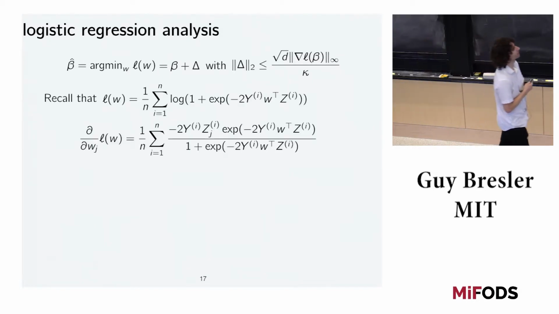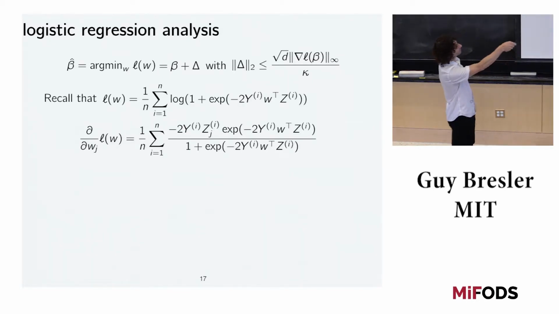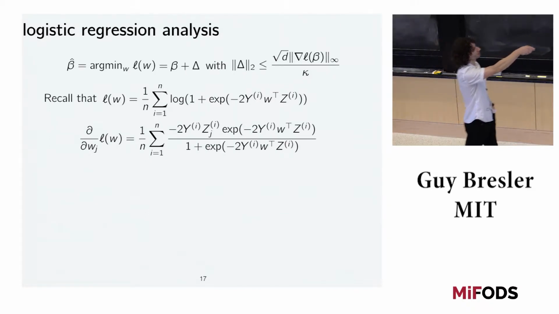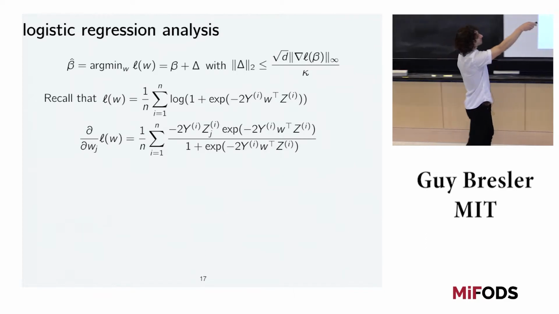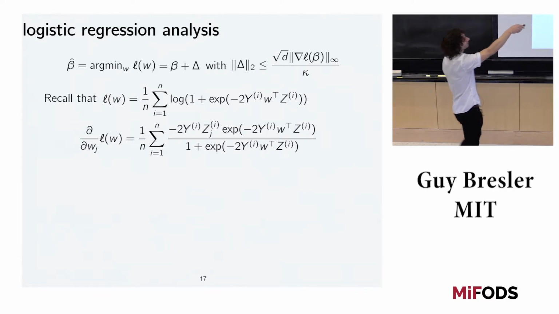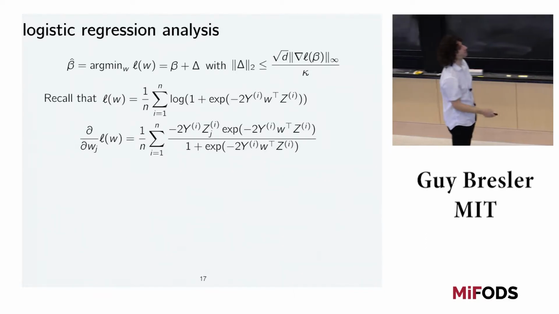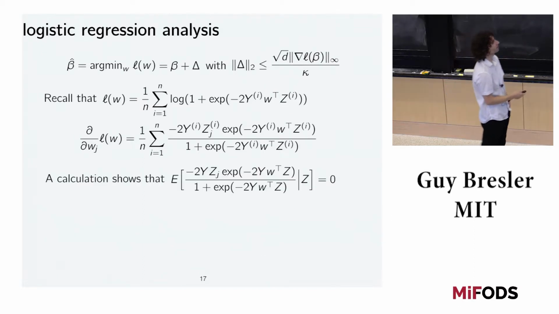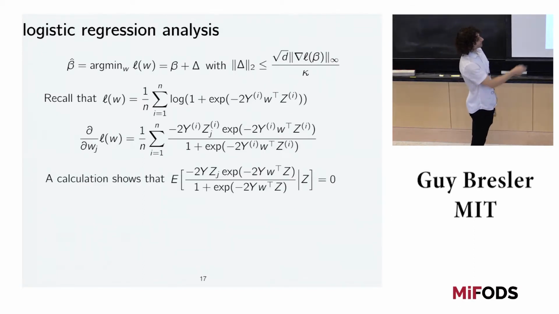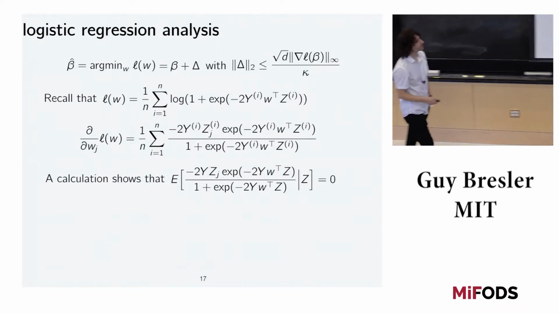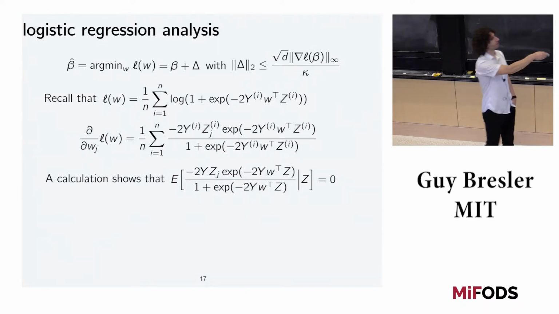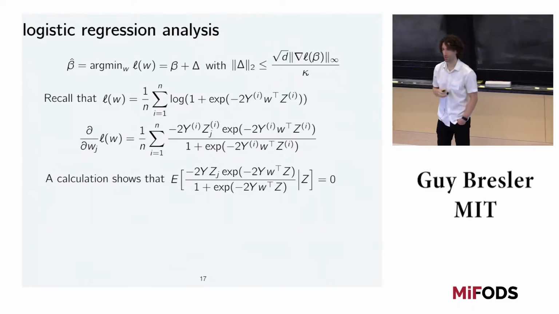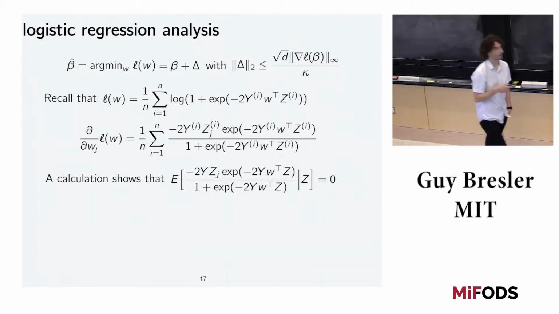Let's bound the gradient. Here's our loss function. If you take a partial derivative with respect to wj, this goes to the denominator, and the minus 2y zj pops out. A calculation, a nice little exercise, shows that the mean of each of these terms, even conditional on z, is 0. That's not so obvious, but it's true.